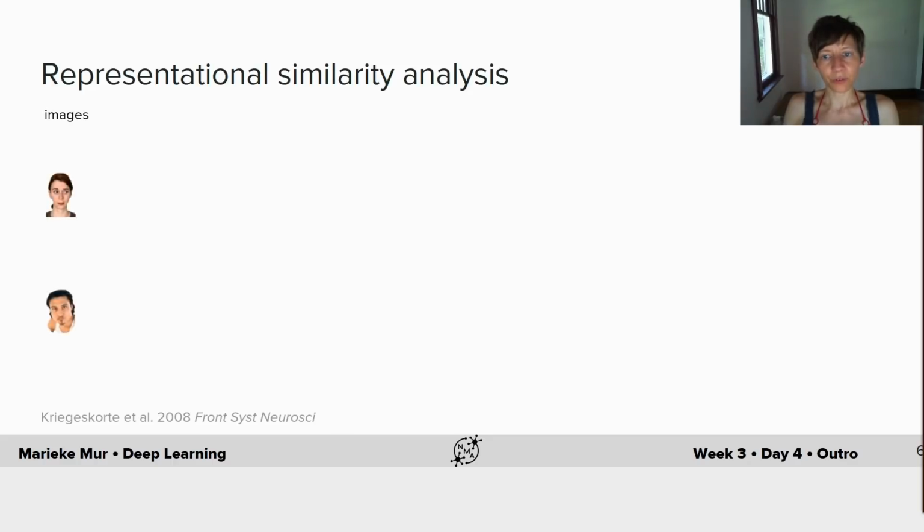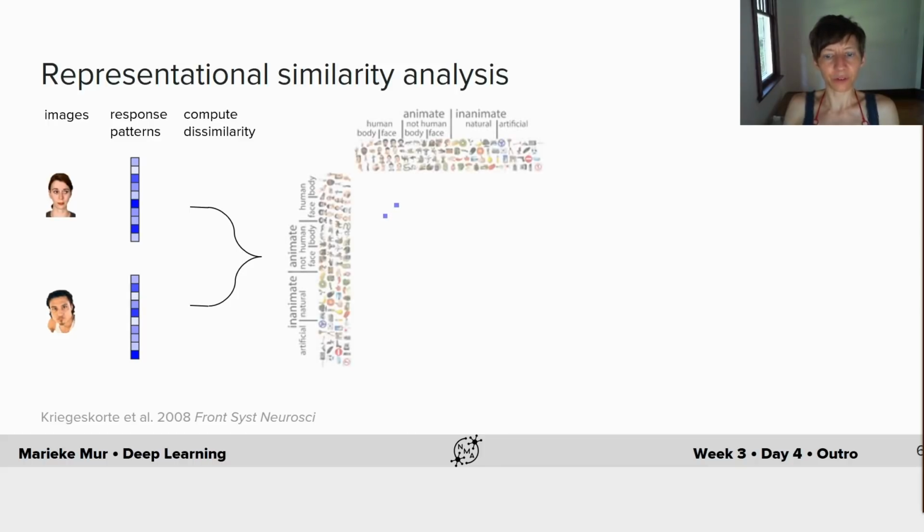For each image, we computed the response pattern elicited by that image across a region of interest, in this case IT. For each pair of images, we then estimated the dissimilarity between their response patterns, for example by computing 1 minus the correlation across space. We then stored the dissimilarity estimate in a matrix.